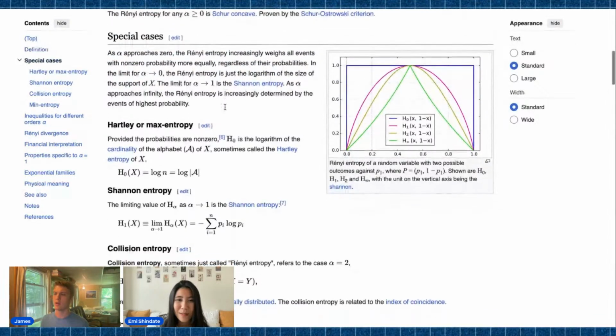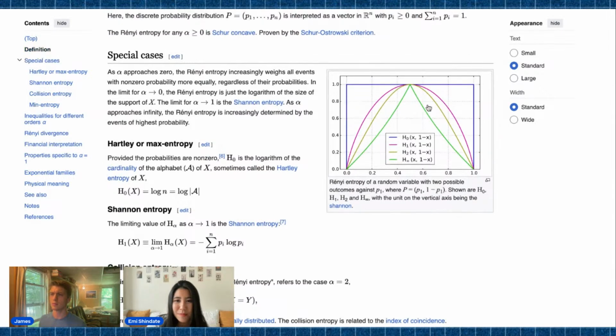So they've got a plot here to show the different alpha solutions. So Shannon entropy is when alpha is 1, so it's the pink kind of, I guess, parabola-ish.